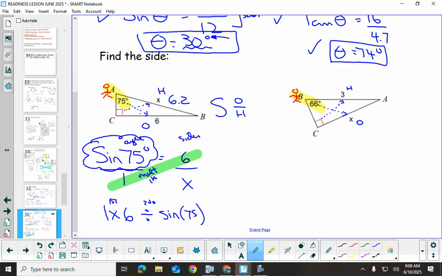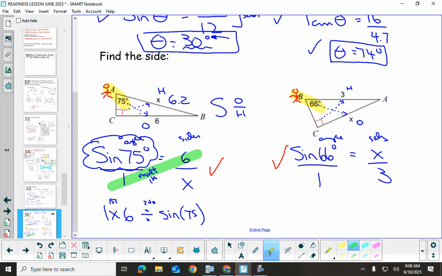Okay, this guy. So again, we know we're dealing with sine. So it's sine 66. So again, this is the angle equals the sides. So it's opposite on top, hypotenuse on the bottom. So x over 3. Stick that over 1. And again, this is your setup. We want to see that.